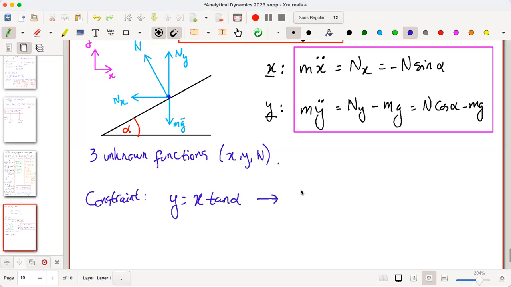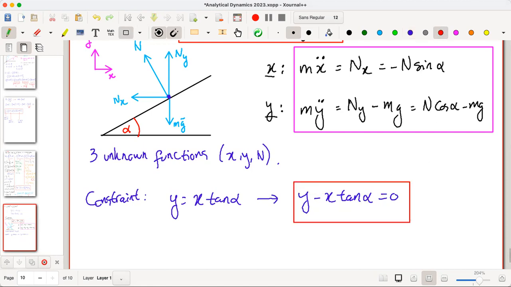In other words, the equation of constraint is y minus x tangent alpha equals 0. This is the constraint that we overlooked, the constraint that we didn't take into account in our previous analysis.